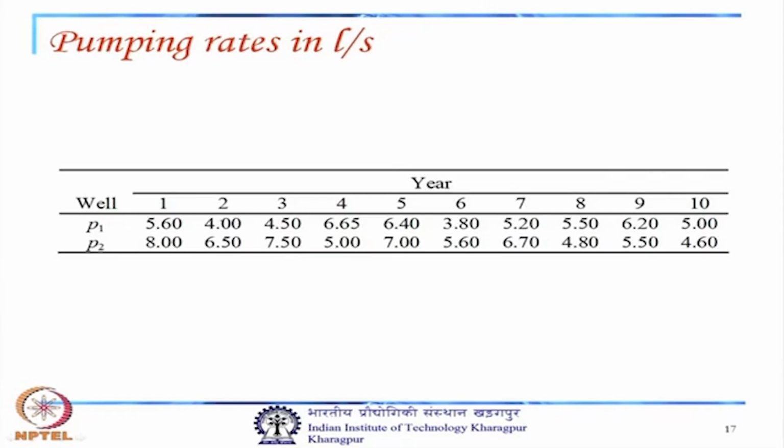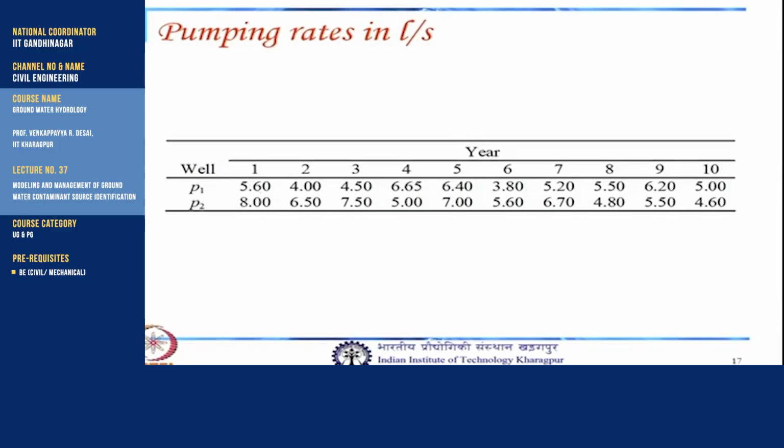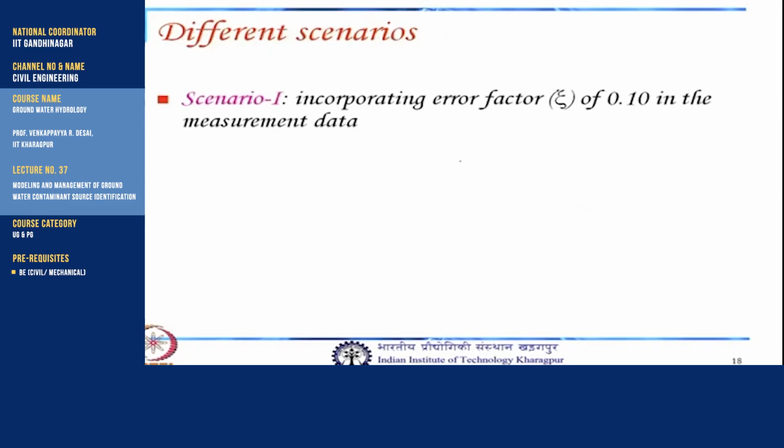So, with this kind of pumping rates, these are the pumping rates for location 1, P1 and P2, we have considered different scenarios.